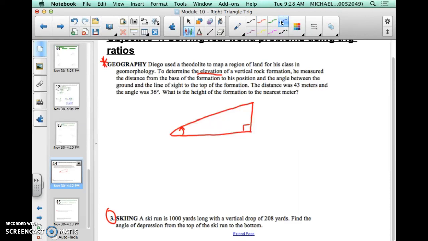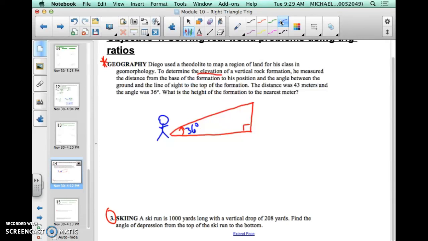He wants to determine the elevation of a vertical rock formation. He measured the distance from the base of the formation to his position. So, his position, I would assume, because he's by the angle that's given, 36 degrees, is right here.